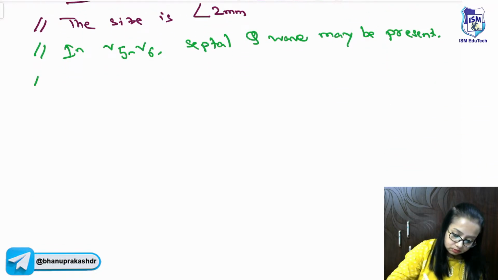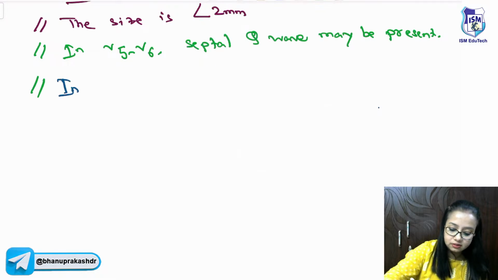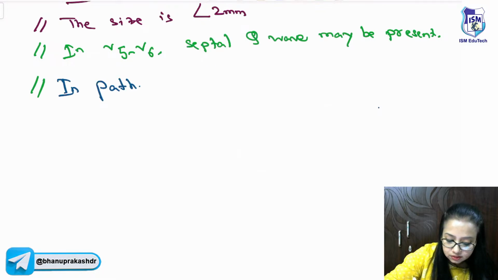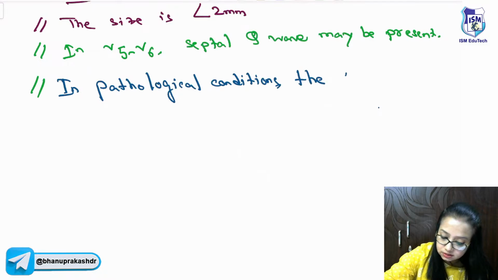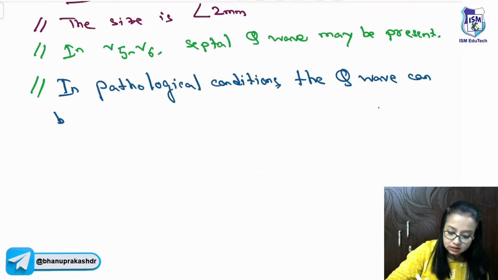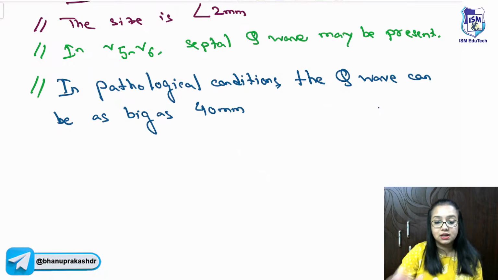Now, in pathological conditions, the Q wave can be as big as 40 millimeter. It can be very prominent.